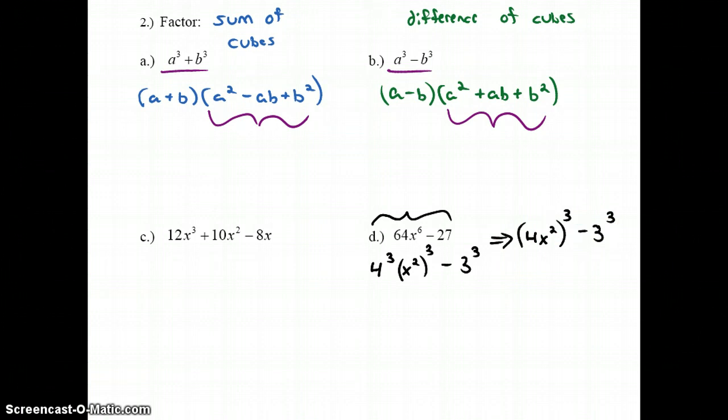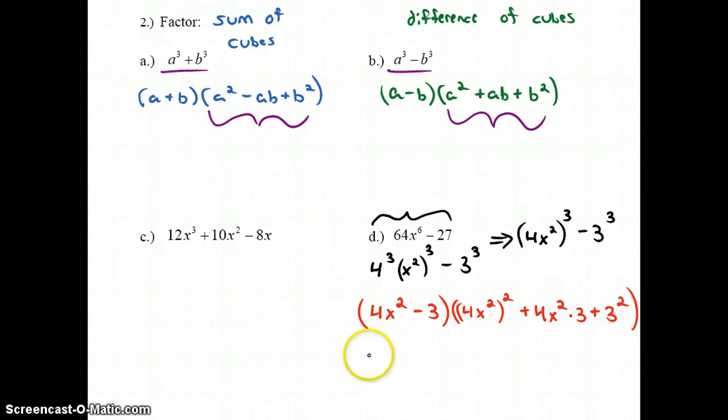This is really no different than our a cubed minus b cubed, but now our a is 4x squared and our b is 3. So if I have a squared, I'm now doing 4x squared quantity squared. AB is going to be plus 4x squared times 3, and b squared is plus 3 squared.